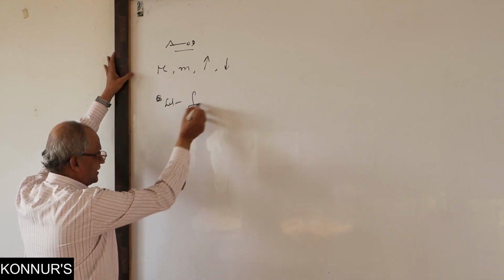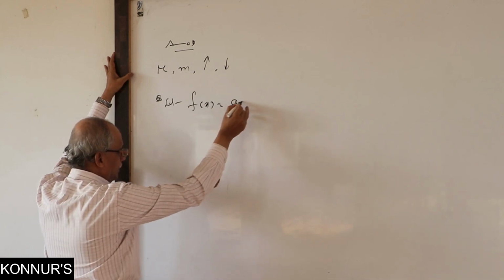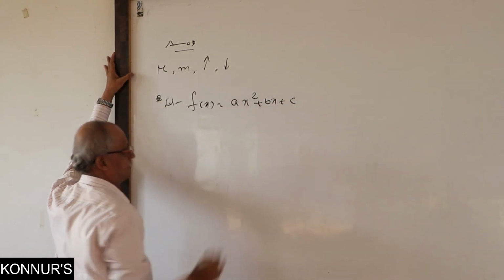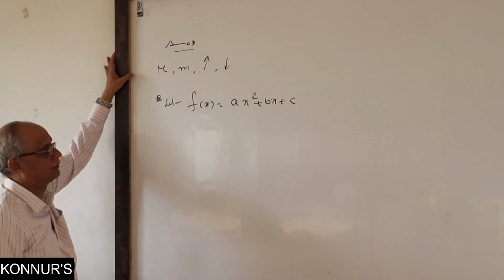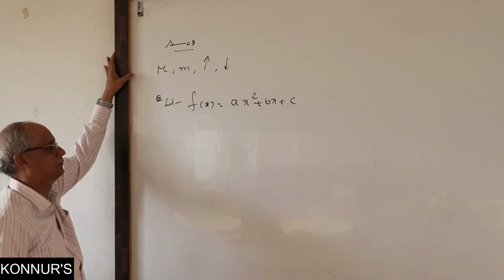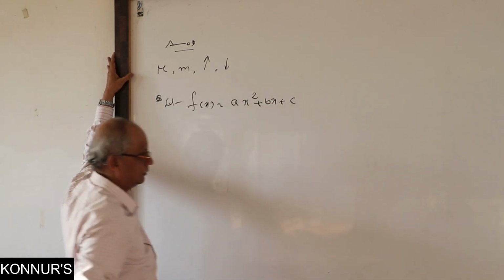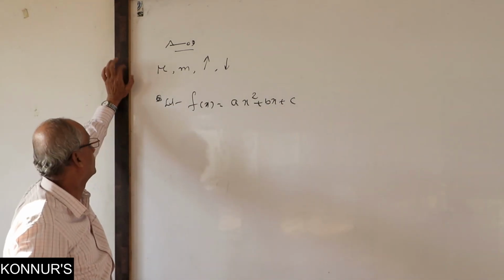Let f of x be a quadratic function. For some x, some means two values, it will be 0. If it is 0, it is called an equation.